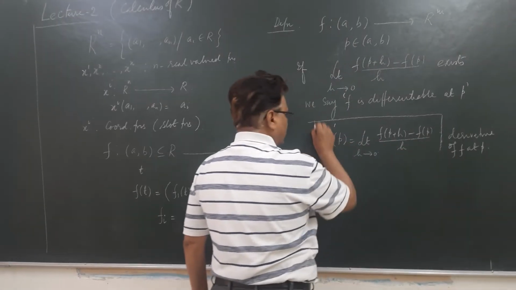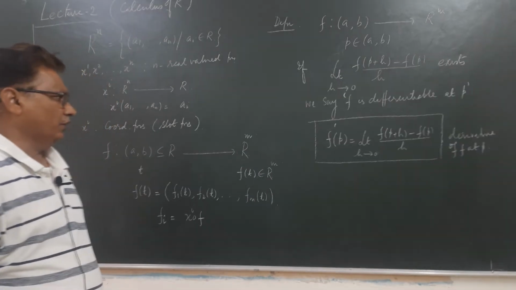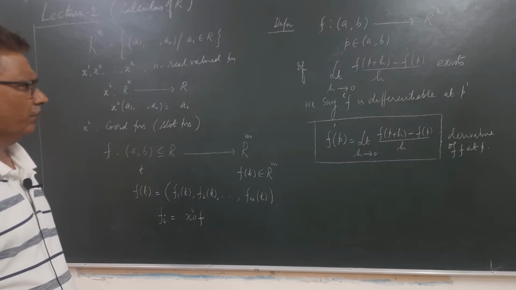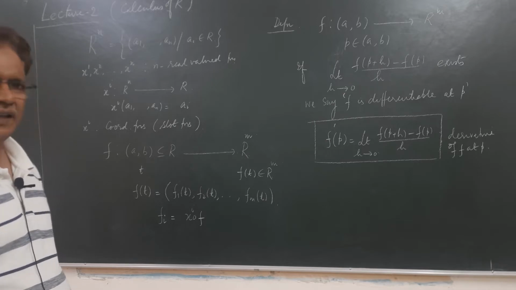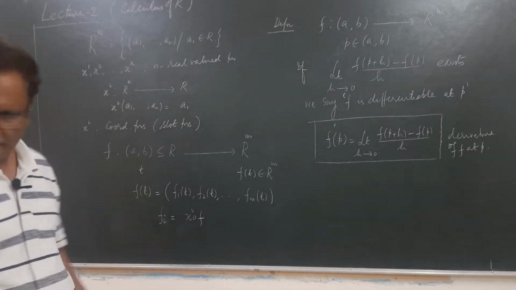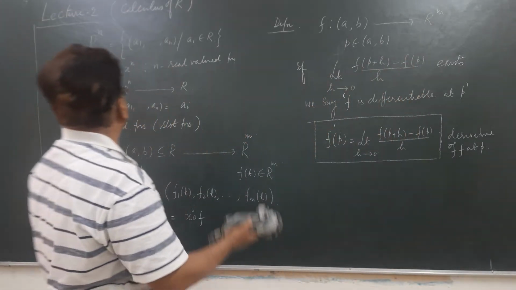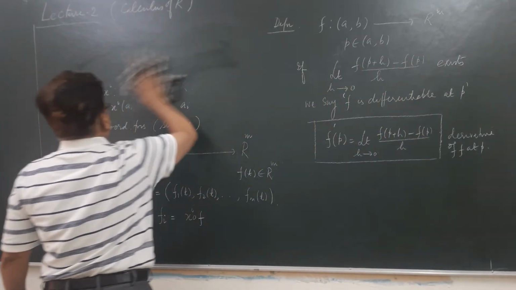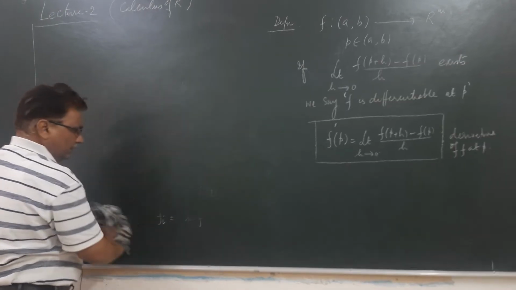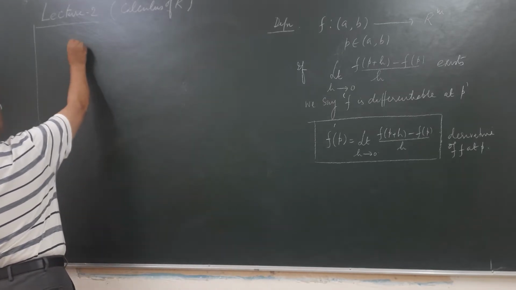Now, we want to extend it for functions from Rn to Rm. In order to extend this definition, we need to look at some of its characterizing properties. Last time we had an observation about this derivative, which I am writing as a theorem.